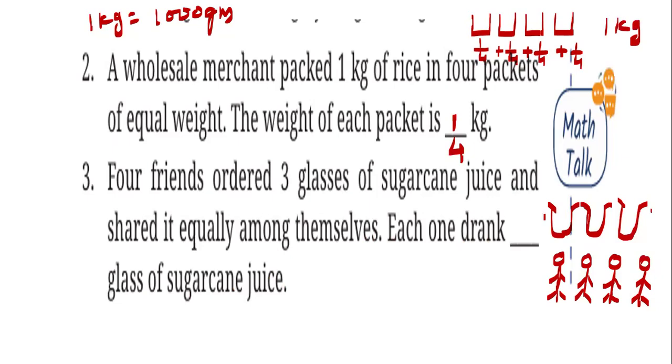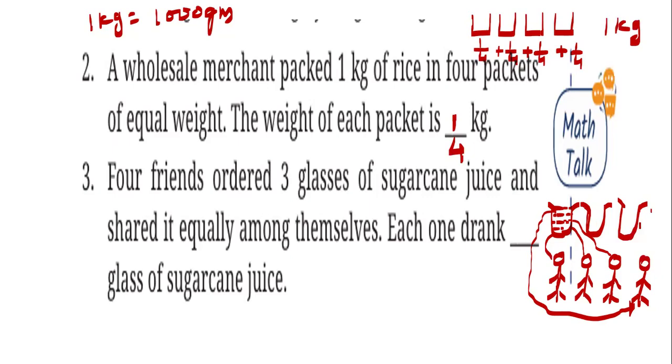Here, make each glass into four equal parts: 1, 2, 3, and 4. These are 4 equal parts. One part for this person, second part for this person, third part for this person, and fourth part for this person.